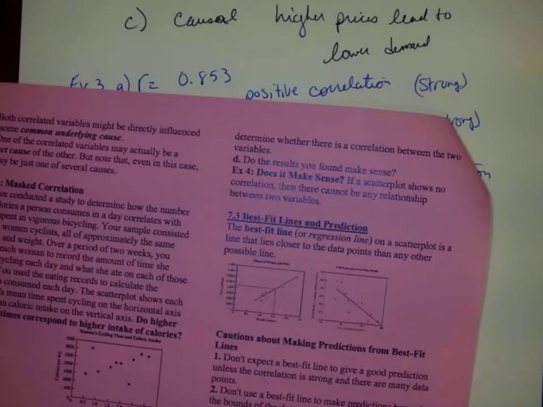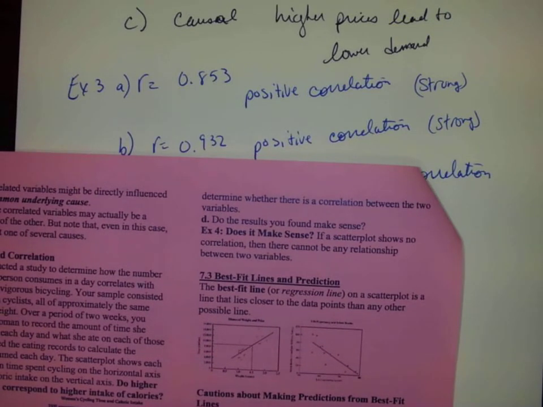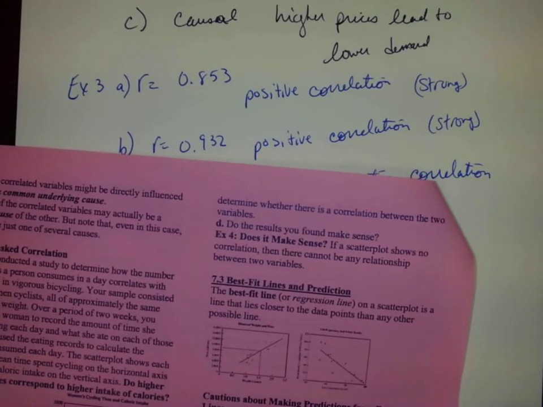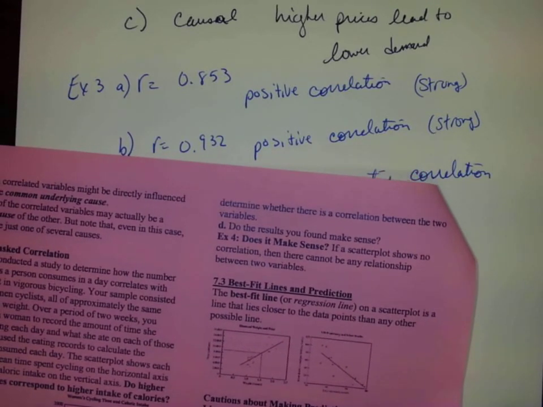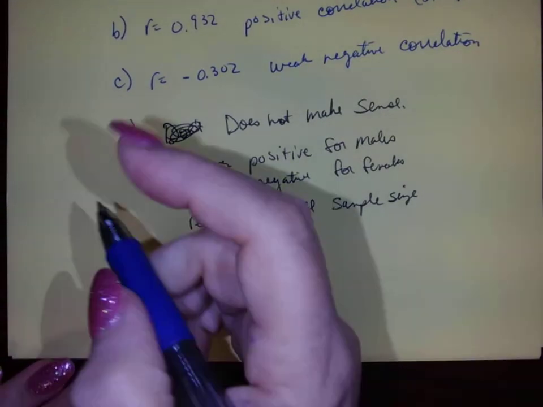All right. And then number 4 doesn't make sense. If a scatter plot shows no correlation, then there cannot be any relationship between the two variables. Absolutely no correlation. Well, it doesn't make sense. Let me give you some reasons why.